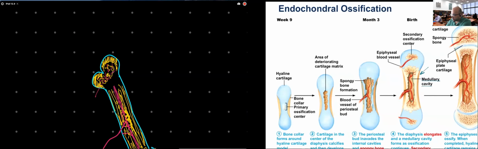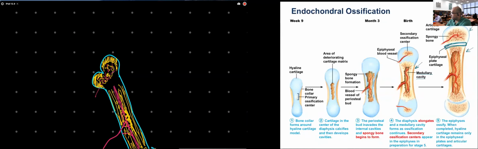During childhood, I do not complete the ossification of the cartilage. I would still have a plate of cartilage between the epiphyses and the diaphyses. We call this my epiphyseal plate.